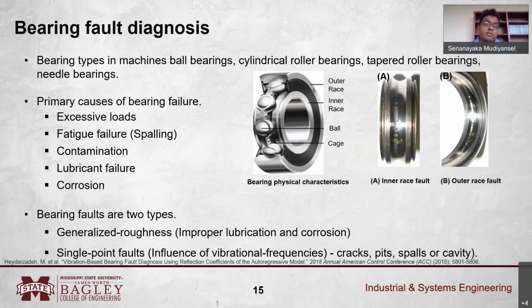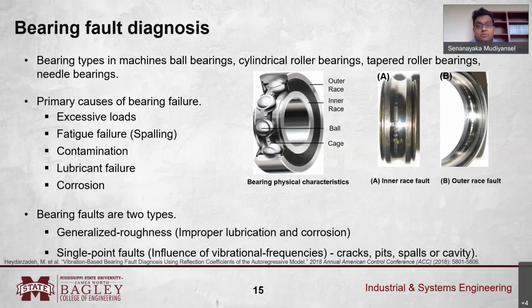For a specific task, if we need more speed, we use these ball bearings. The cylindrical and tapered roller bearings we use for radial or rotor loads. If we want to apply more weight, then we use these tapered or cylindrical types of roller bearings. However, any type of these bearings can fail.